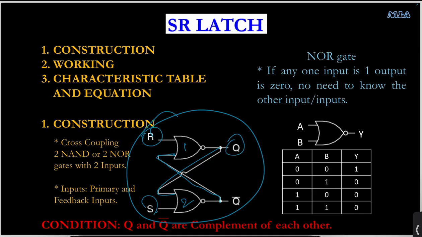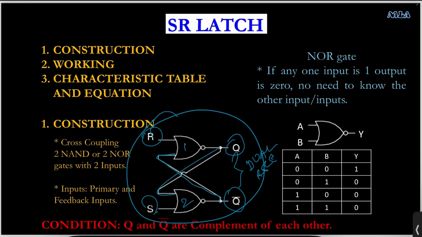Q and Q bar are not only feedback inputs, they are also the outputs. So Q and Q bar have a dual role to play. They act as inputs, and not only that, they are also the outputs. So this is about the structure and construction of an SR latch.